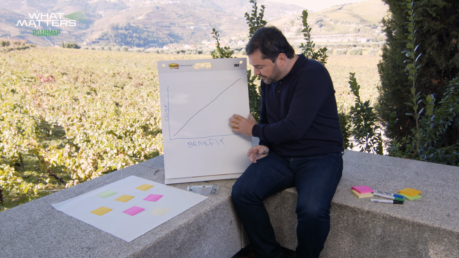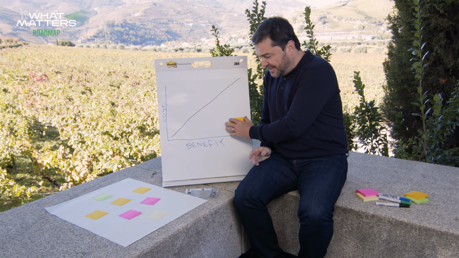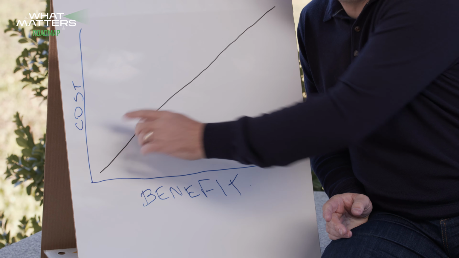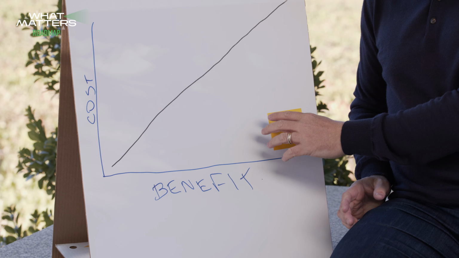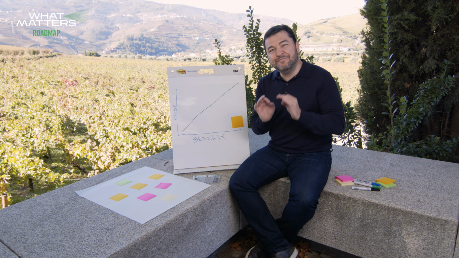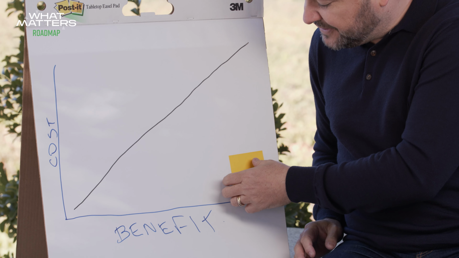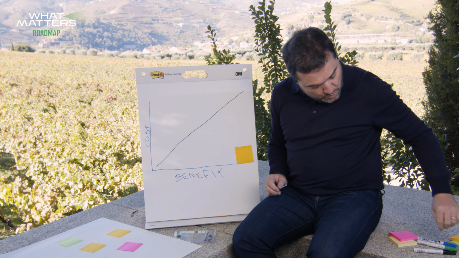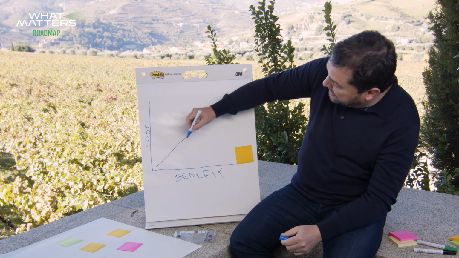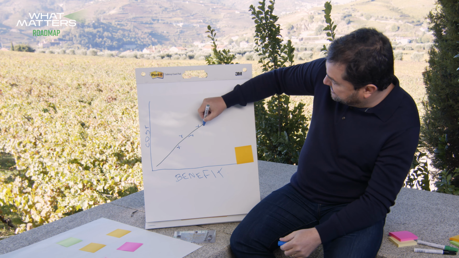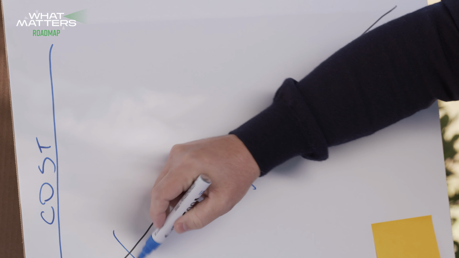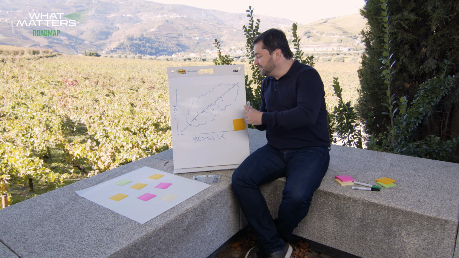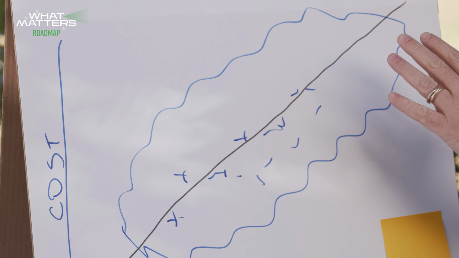Maybe if you have 100 things here, it's because you are overestimating benefit or underestimating cost. Maybe you can find one or two pockets of very nice ideas, but most of the things will follow this path. They will happen here, here, here, around this cloud. It's always around here.